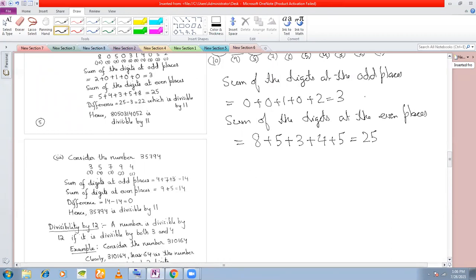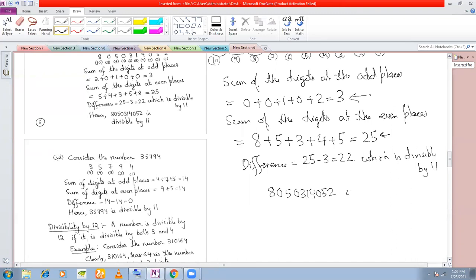Okay, so now take the difference of this and this. What is the difference? 25 minus 3, which is 22, which is divisible by 11. If this difference is divisible by 11, then the entire number is divisible by 11. Okay, clear with this?